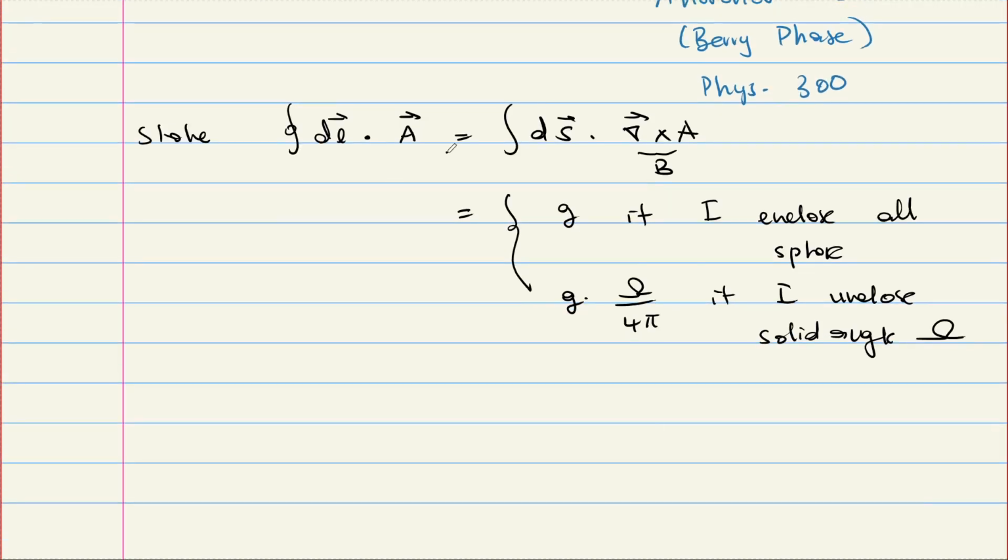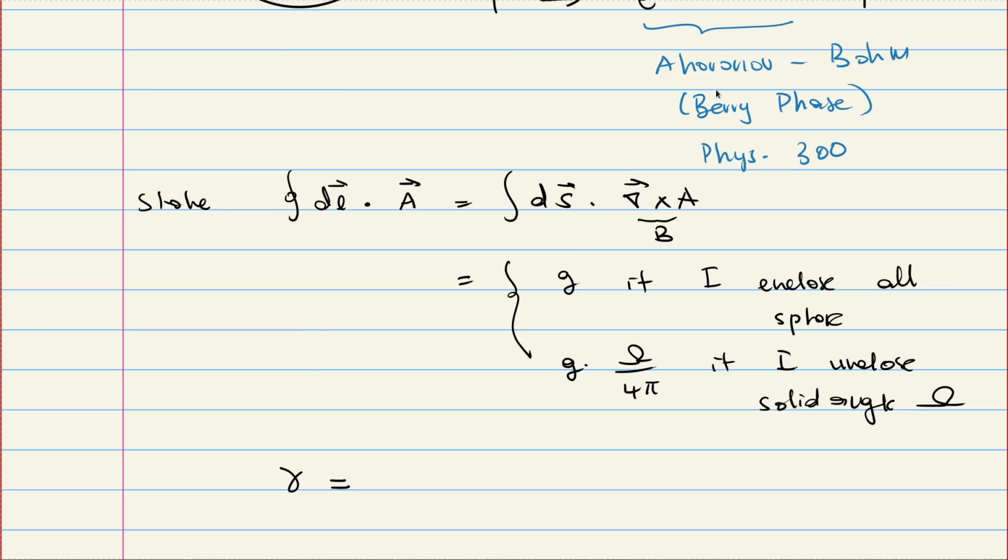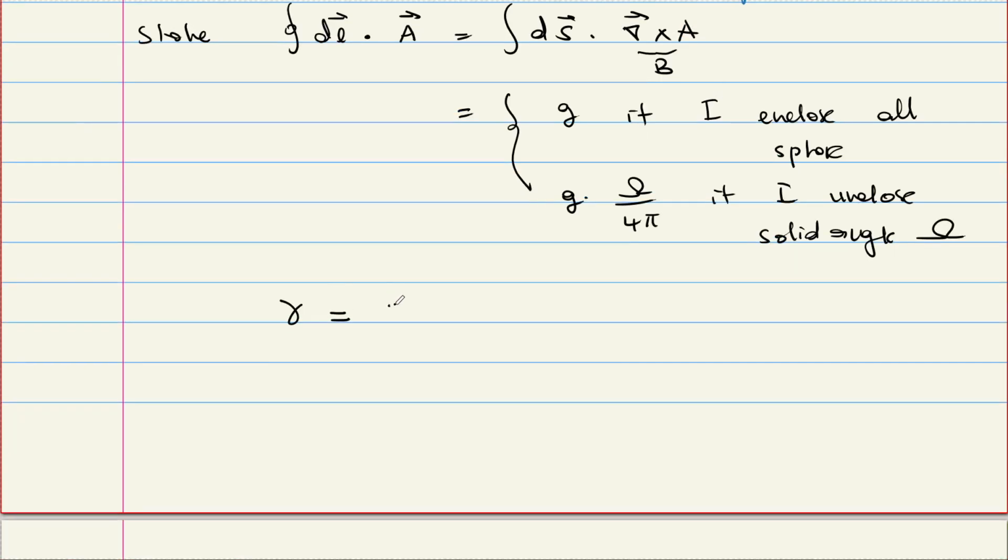And from here we can find what the phase is, right? Because of the q over h bar, the phase is q over h bar times G times omega over 4 pi. So this is again the Berry phase, but now due to a magnetic monopole.